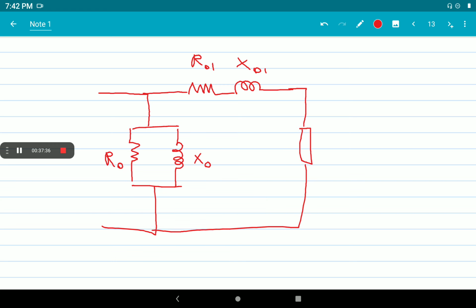This is your simplified equivalent circuit. What is R01? R01 is the sum of R1 plus R2 dash, and X01 is the sum of X1 plus X2 dash. Okay, thank you. So this is what we have to study.